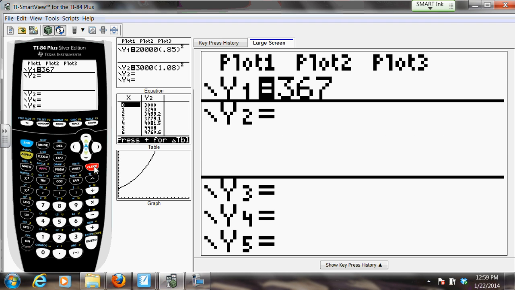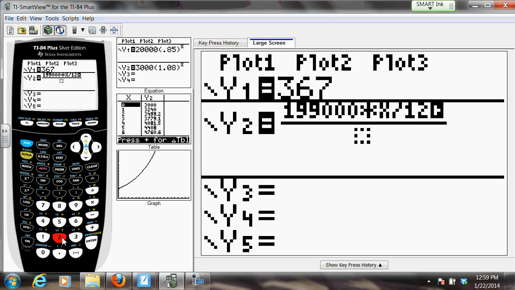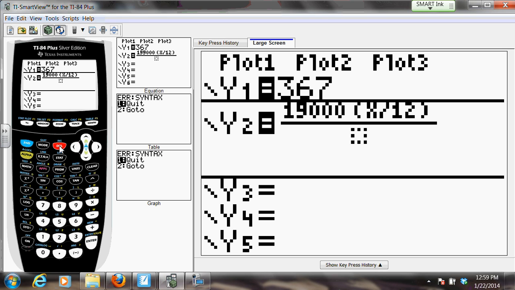And on the other side, we have a fraction. 19,000 times x divided by 12. I might want to put that in parentheses. Oh, I have one too many nines. 19,000 x over 12.